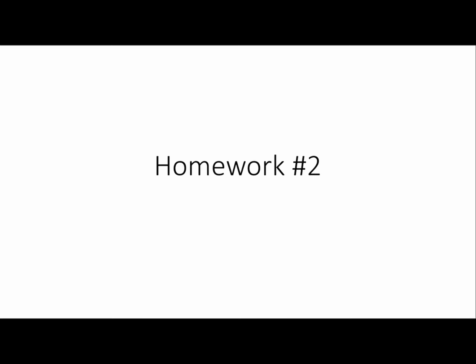Now let's move on to homework number 2. The first question is, you purchased an equipment in year 2006 for 30,000. So your cost in year 2006 is given as 30,000.